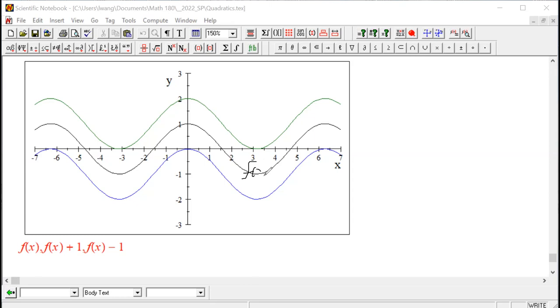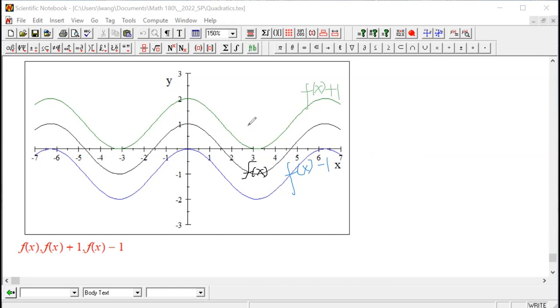In our case, this is a cosine. And the green is f of x plus 1, the output plus 1. The blue is f of x, the output minus 1.